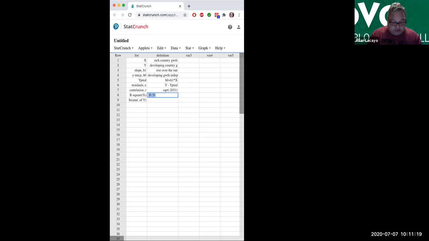So the R-squared is the percentage of Y explained by X. And the standard error is the percentage of growth in the developing world that is unexplained by rich country growth.